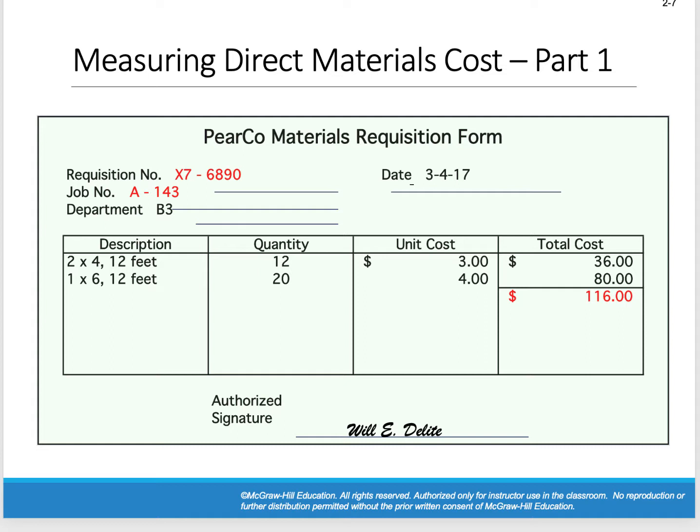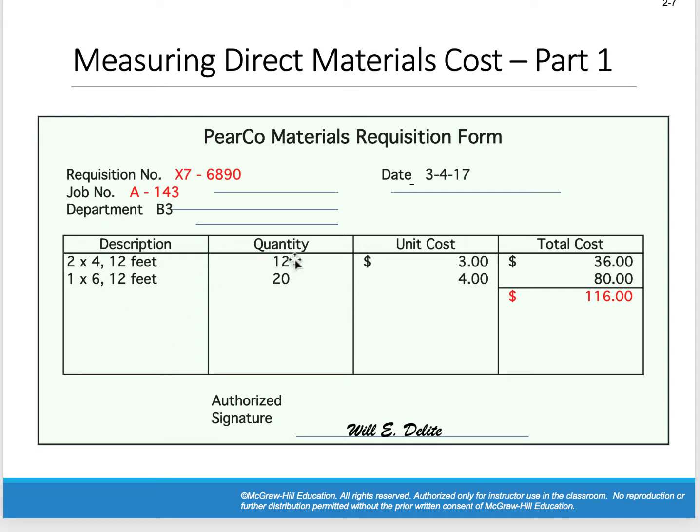In order to facilitate this, what we need is a material requisition form. Basically that is a sheet of paper that goes to the raw materials department, and it tells the raw materials manager, hey, for job A-143, they need one 2x4 12 foot, or no, yeah.